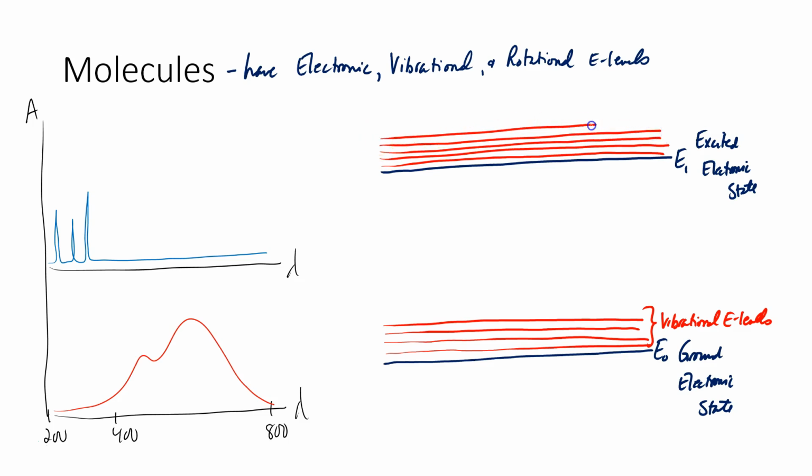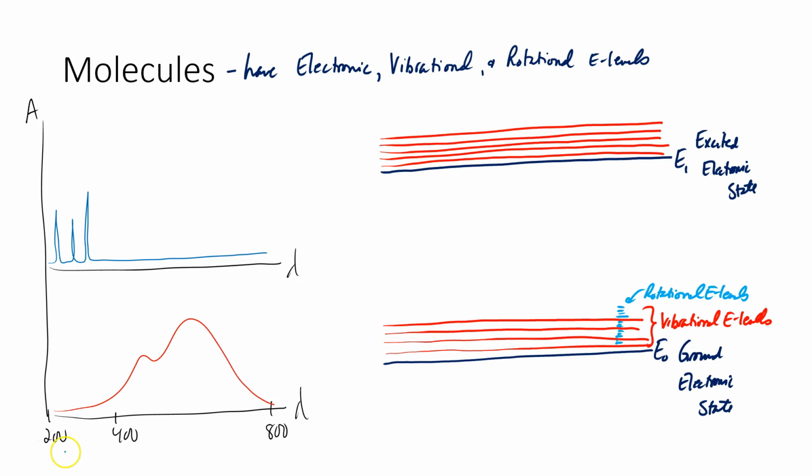Here are more vibrational energy levels, and I'm not going to spend much time drawing them on my energy level diagram, but within each vibrational energy level, there are also rotational energy levels. And I should have drawn them going all the way across, but I knew I wouldn't be able to make a straight line.